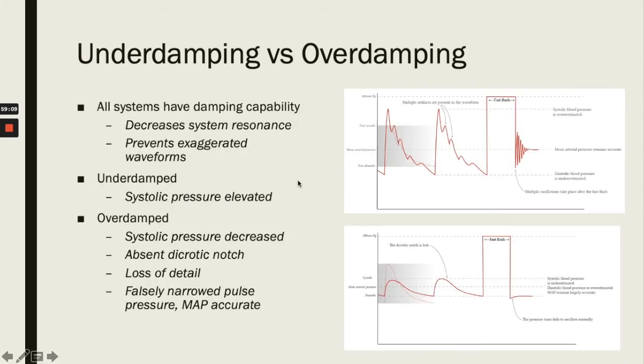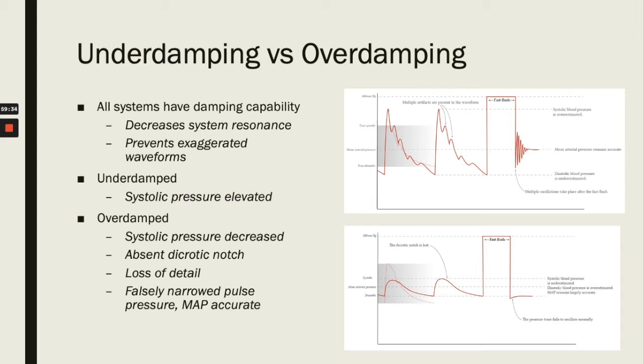Now, underdamping versus overdamping. This is an underdamped system, and this is an overdamped system. This is an explanation. All of the arterial line systems have damping capability, and basically think of that as sharpness, and it decreases the system resonance.